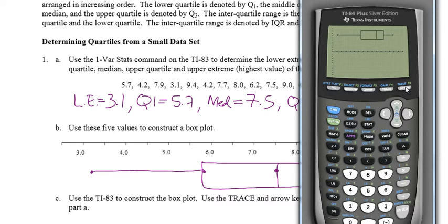We use the trace button. And we can see the minimum is 3.1, Q1 is 5.7, median is 7.5, third quartile is 8.3, and the max is 9.4. So that's using the calculator to draw it out and the trace button to then go through it, right, to see that.